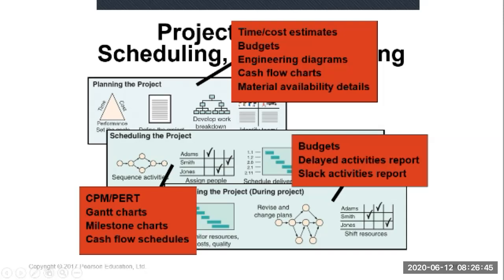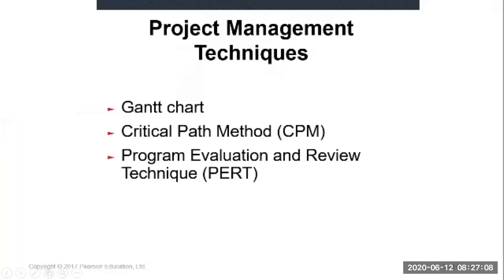During scheduling, you have to be familiar with CPM or PERT, Gantt charts, milestone charts, and cash flow schedules. To monitor the project budgets, you need to prepare the delayed activities report and know the slack activity.